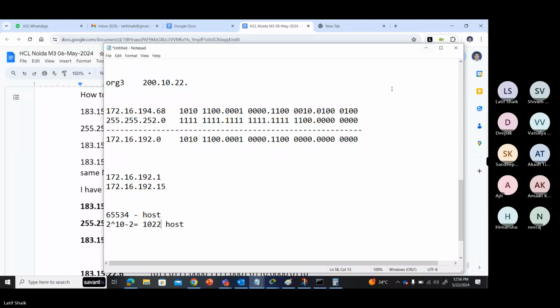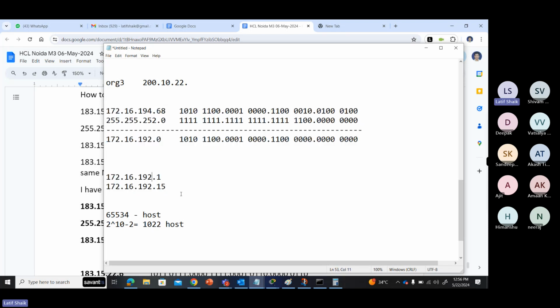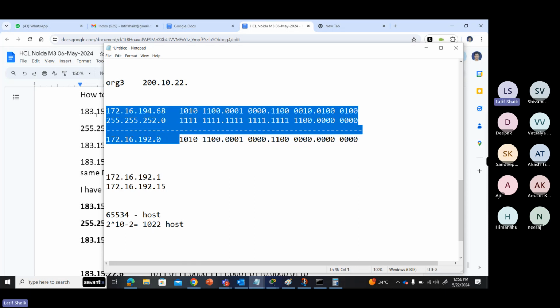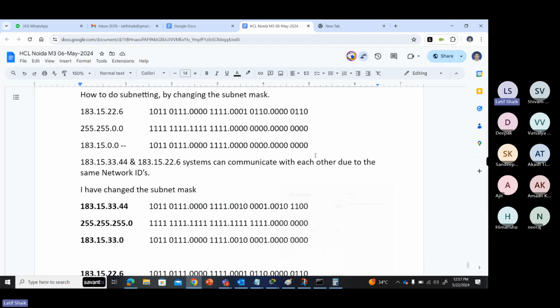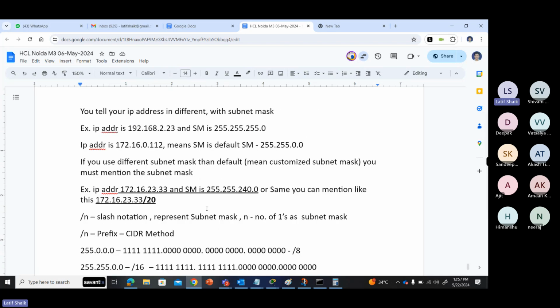See, these are all the same network. Even though it shows 94 and 92, it's the same network, because of the subnet mask and network ID. If you see 191, it is a different network. Got the point, guys?